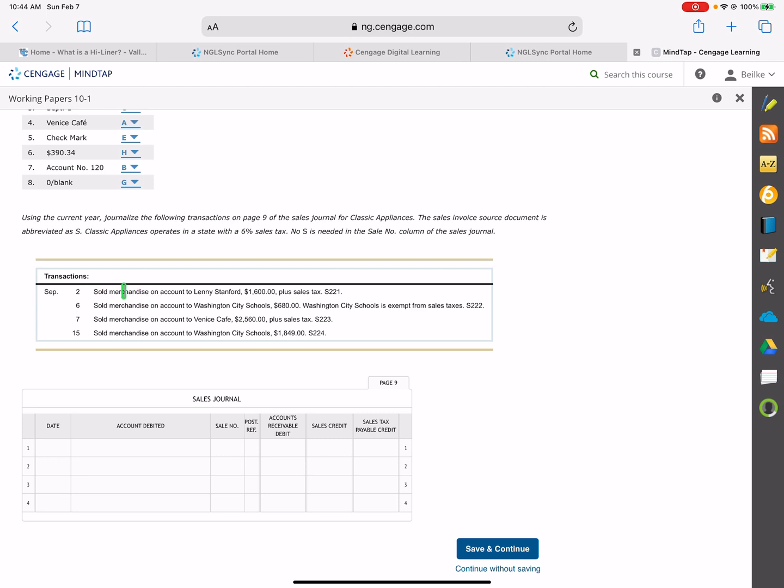Okay, so we sold merchandise on account to Lenny Sanford, $1,600 plus sales tax, S221. So the date on here is September 2nd.